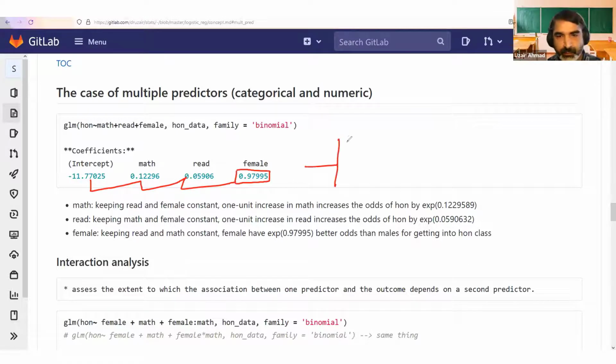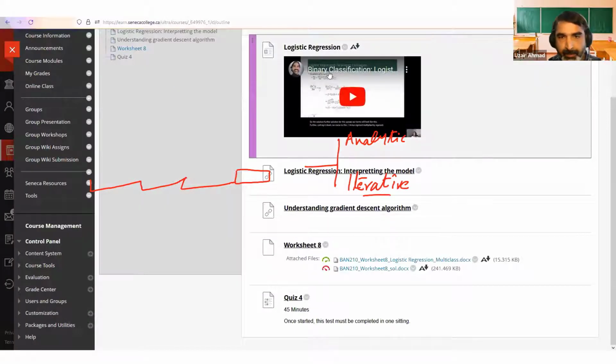One is the analytic way, and the second one is using an algorithm like gradient descent and iteratively trying to find the best possible solution. If you are interested in how we calculate these values, you can attend to the binary classification logistic regression discussion that I provide you here.